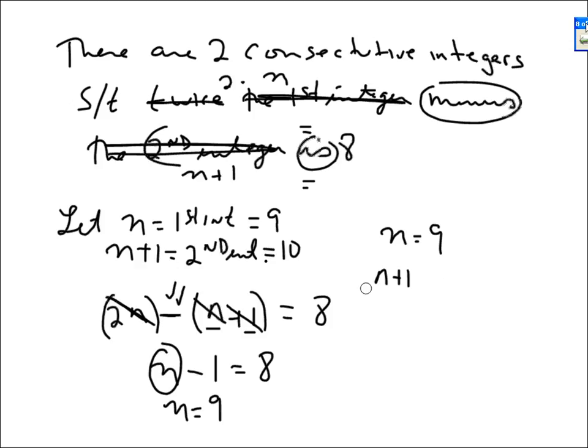And we can check it out in words. It says twice the first integer, 2 times the first integer, minus the second integer, which is 10, is 8.